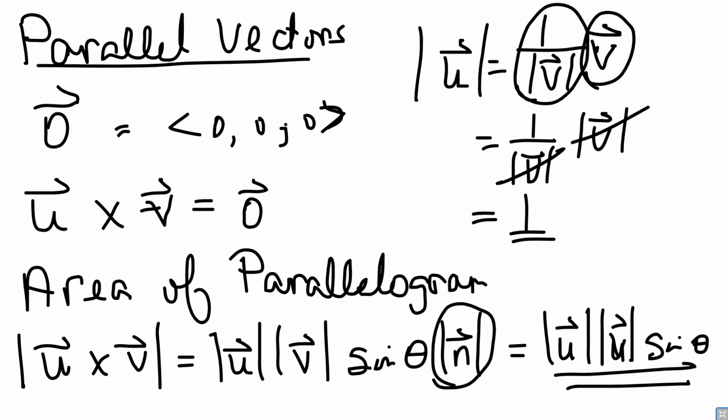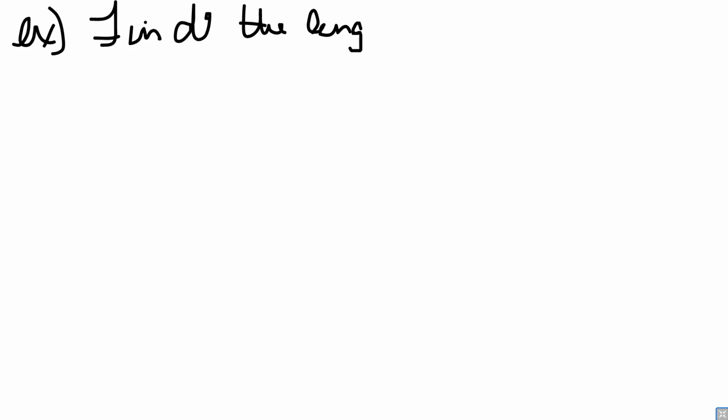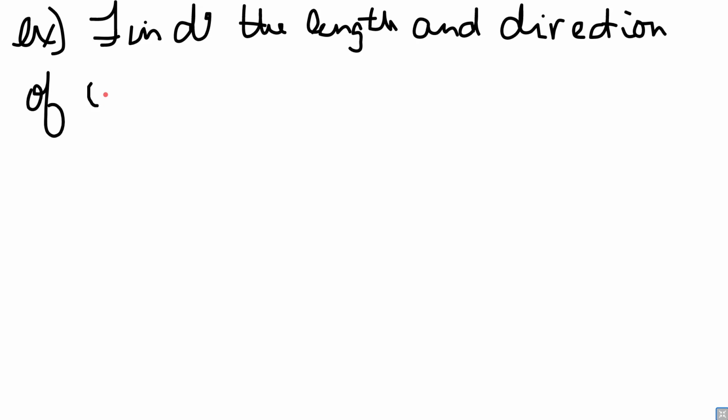Okay, so let's take a look at examples. For the first example, it's asking us to find the length and direction of u cross v and v cross u.